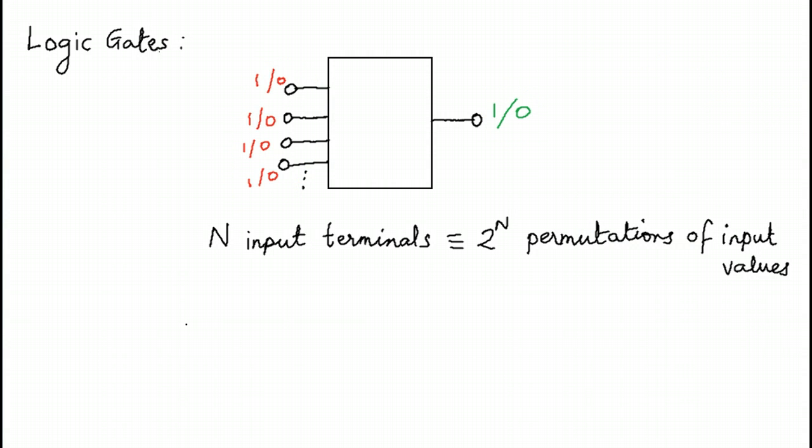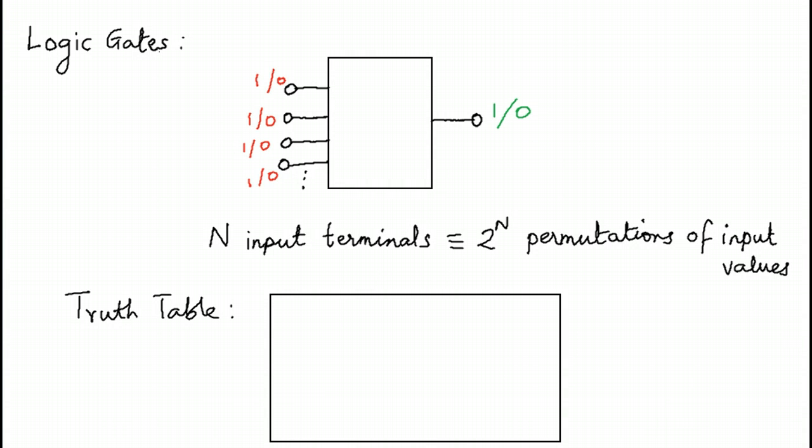Now, corresponding to every logic gate, we can draw a table which is known as the truth table of that logic gate. So I'll just draw a diagram representing any general truth table like that. Now, every truth table can be split into 2 parts by a vertical line like that, and this part of the truth table will contain the inputs in the form of one permutation of input values per row.